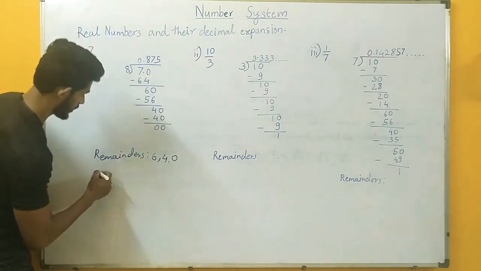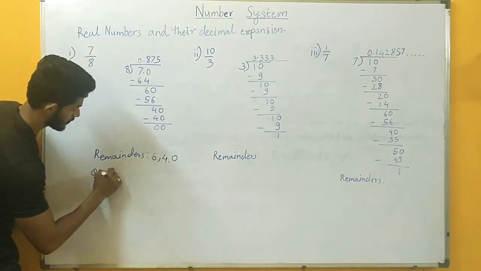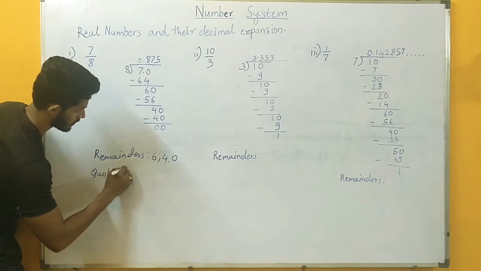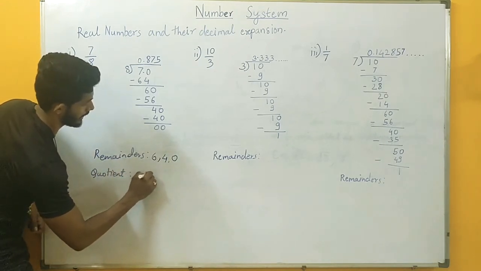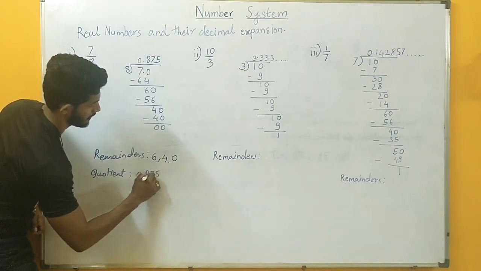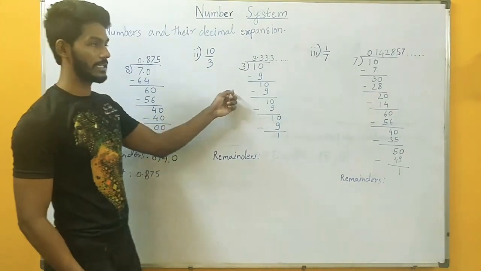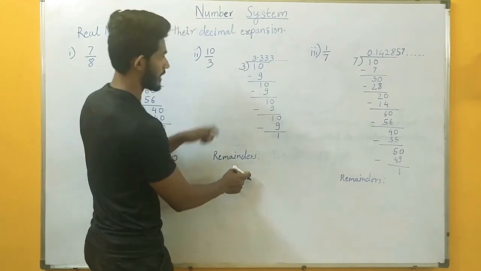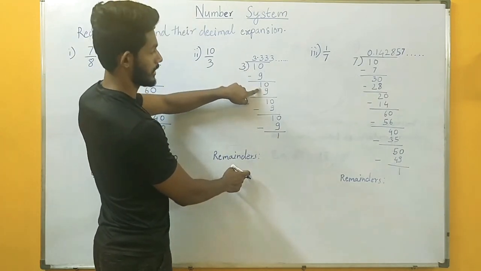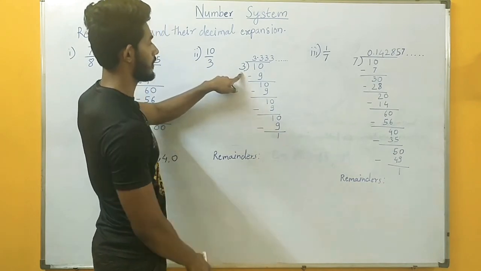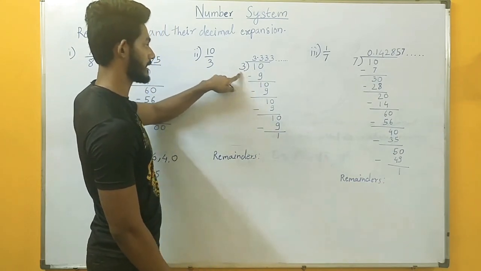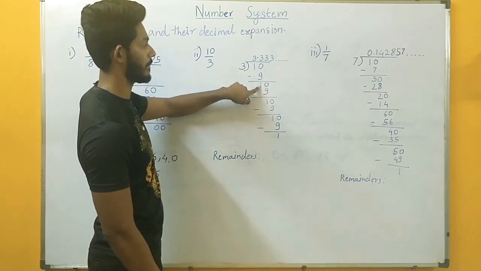Okay. So here my quotient is 0.875. In this example, my remainders are 1, 1, 1 and 1, because whenever we divide 10 by 3, we are getting remainder as 1.